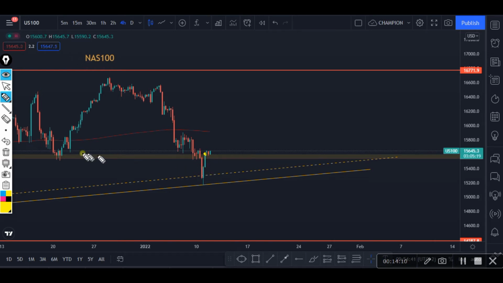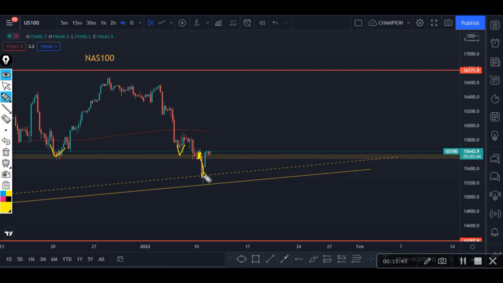It didn't respect it to make it a resistance. The market broke the previous support. This is the previous support. It was respecting this support before. Now it broke out of it. It didn't respect it.